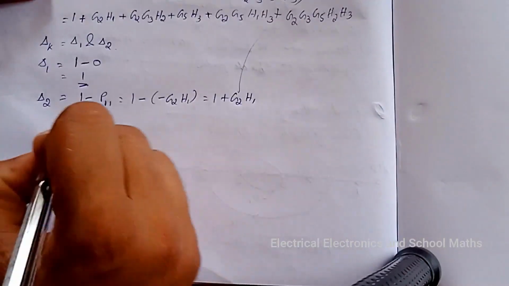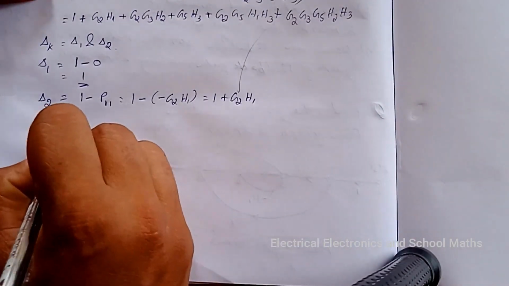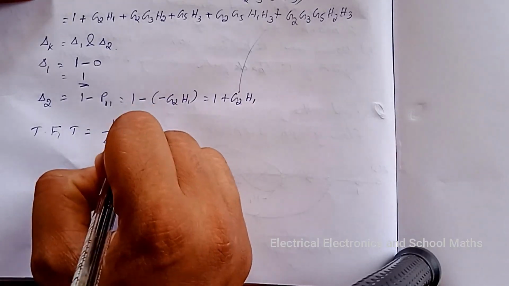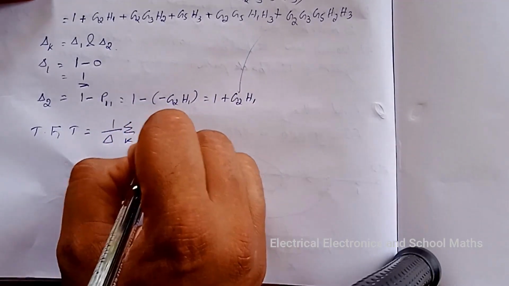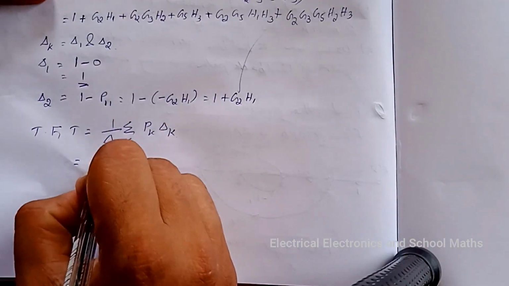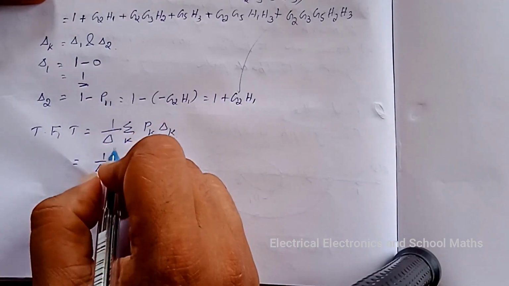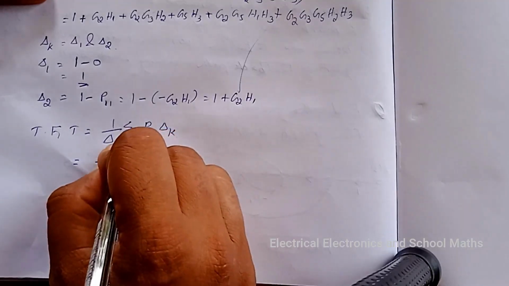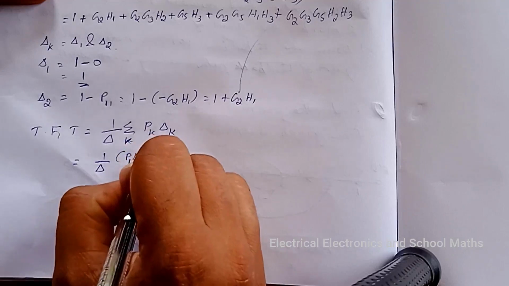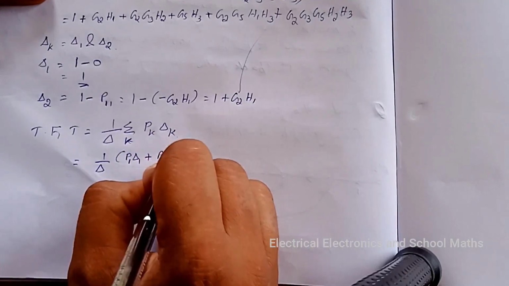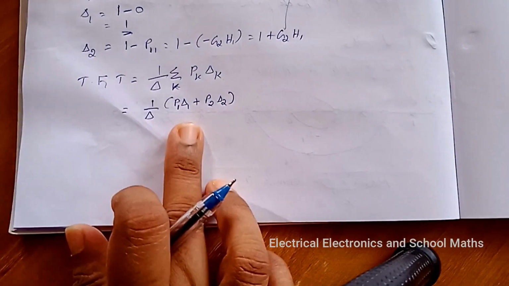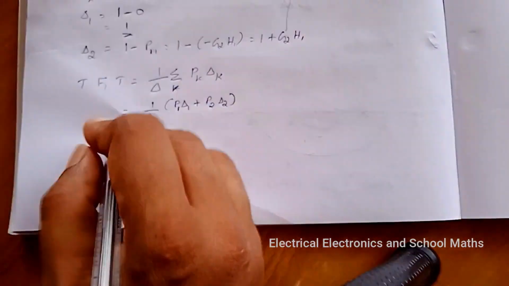Now we can find the transfer function T equal to 1 by delta sigma k Pk delta k, and that is equal to 1 by delta, here putting the values for k, we get P1 delta 1 plus P2 delta 2. So all the terms we have already written here.